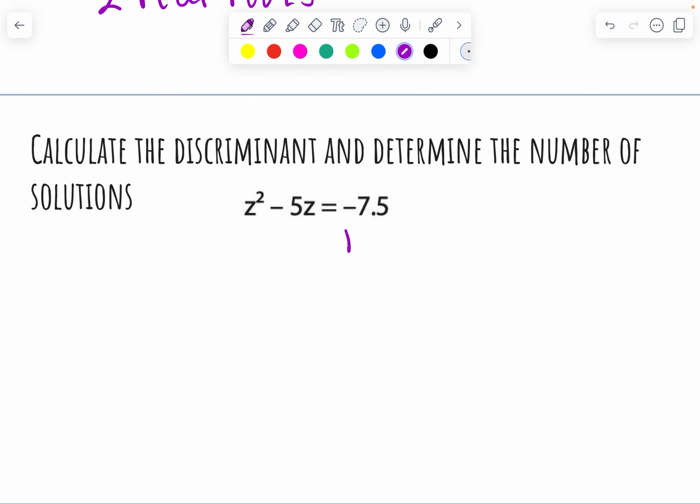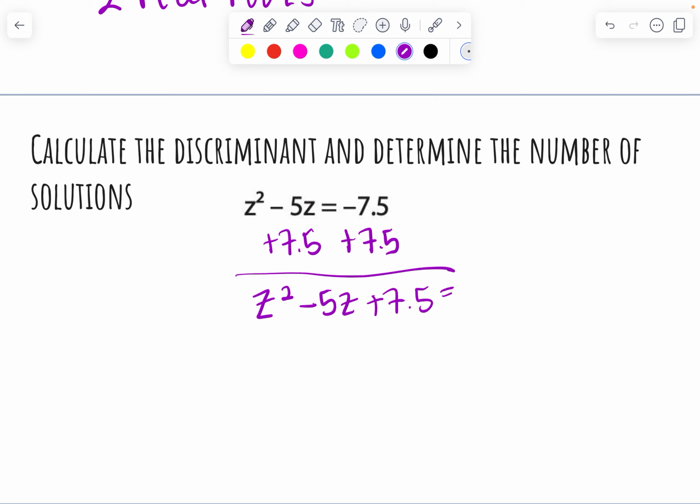All right, we have to get this equal to 0. So we'll add 7.5 to each side. Z squared, take away 5z, plus 7.5 is 0. So my A is 1, my B is -5, my C is 7.5.